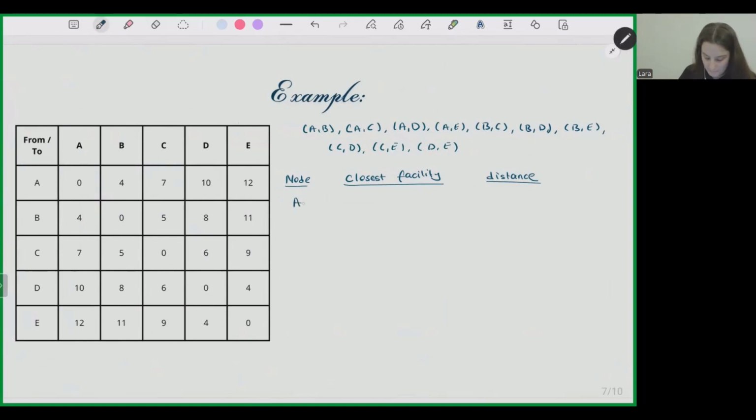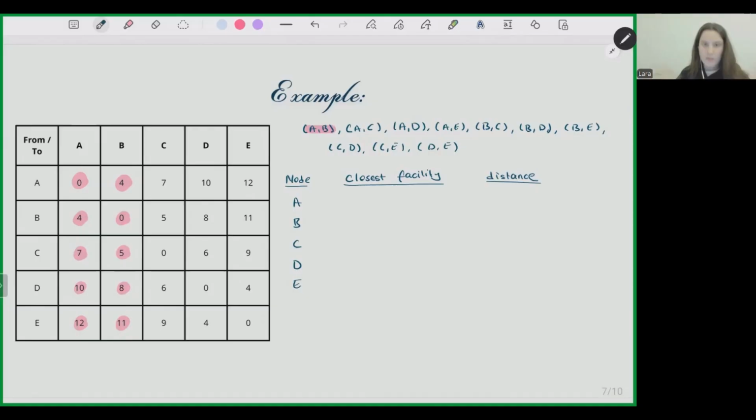So A, B, C, D, E. And then because our first set is A and B, we are going to look at which one of A or B is closest to all these demand nodes. So what we're going to do, we are going to look at these A and B values, and we are going to select which one of them is the closest.